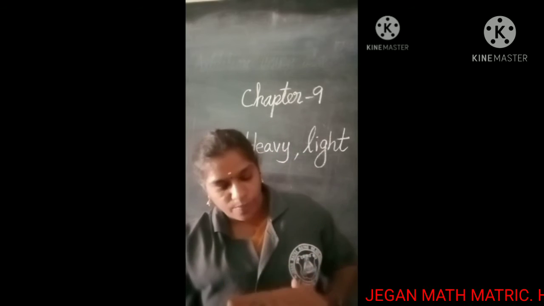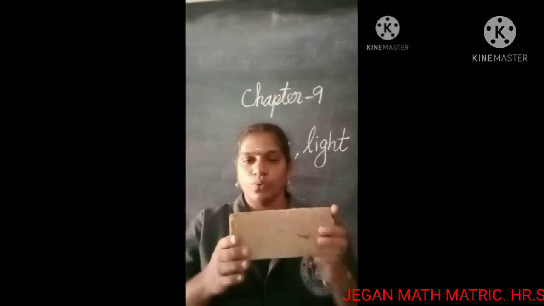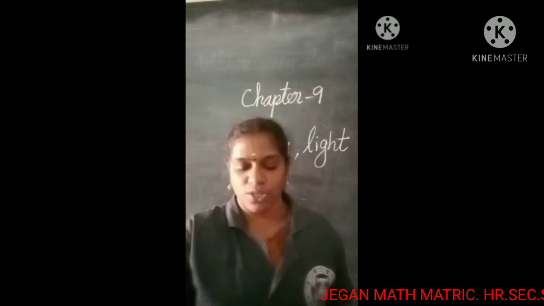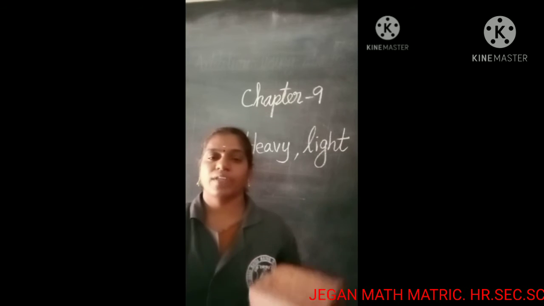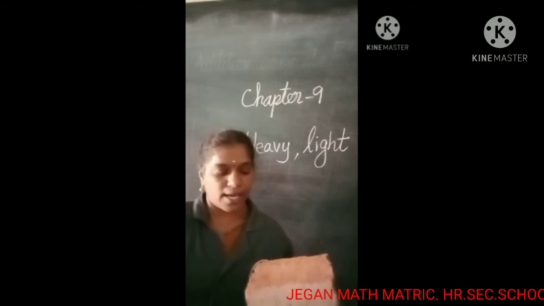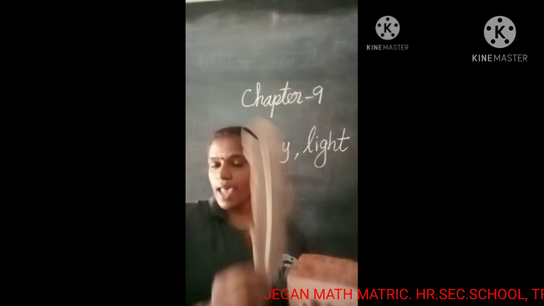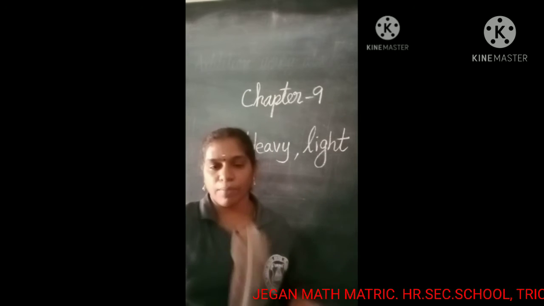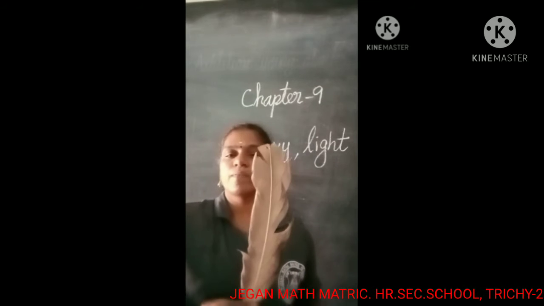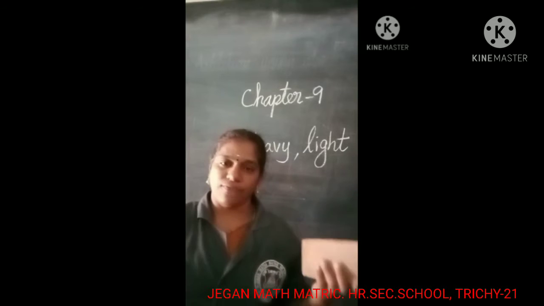So I lift the brick with 2 hands. Now tell me, which is the heavy object and which is the light object? Yes. Brick is the heavy object and feather is the light object, because I can easily lift it.